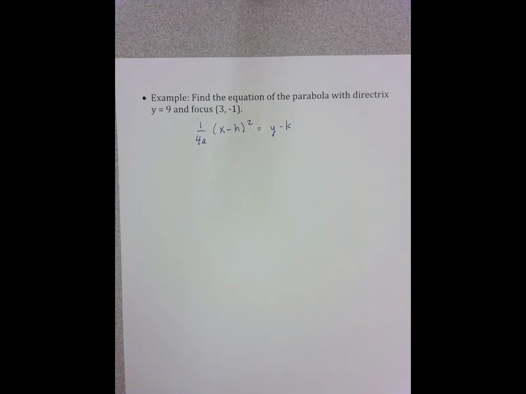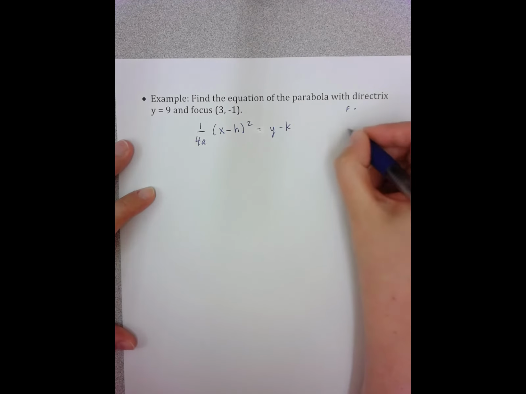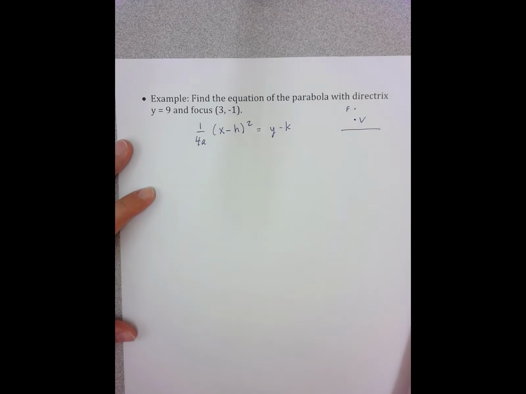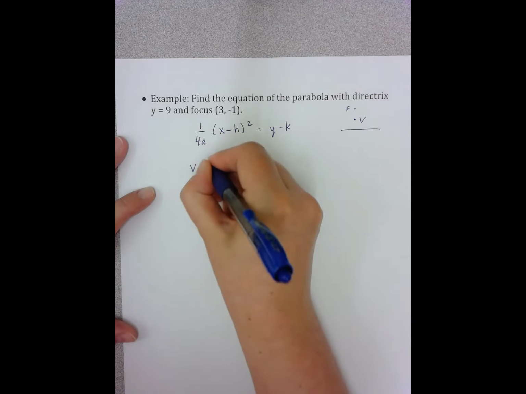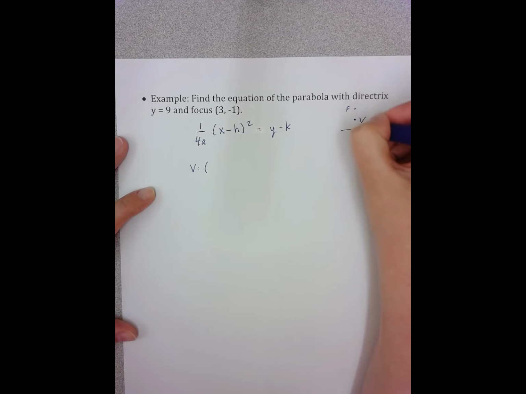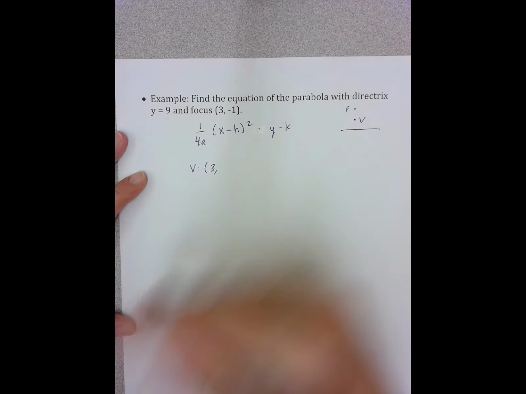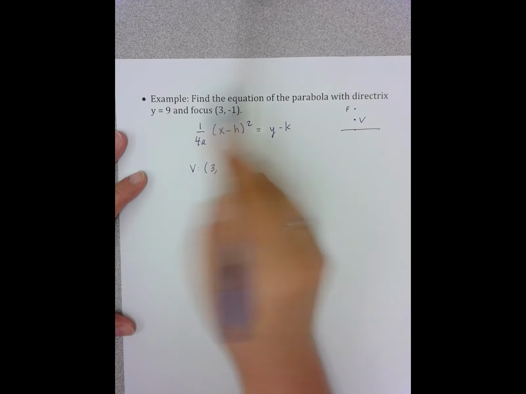So now we're going to do a concrete example to see how this works out and put this into place. So you remember that, so let's just say I have the focus here and I have my directrix here. You'll remember that the vertex is in between. So in our case, our vertex is going to have the same x value as the focus, so 3, and then it's going to be halfway between the focus and the directrix, so the average of the y values of the focus and the directrix.